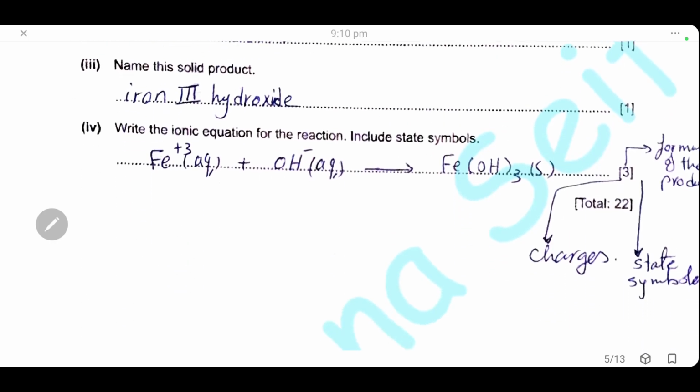So the ionic equation will be Fe3+ (aq) plus 3OH- (aq) to give Fe(OH)3 (s). This ionic equation is for 3 marks: 1 mark for the correct charges on the ions, the other mark for the correct formula of the product, and the third mark for the state symbols.